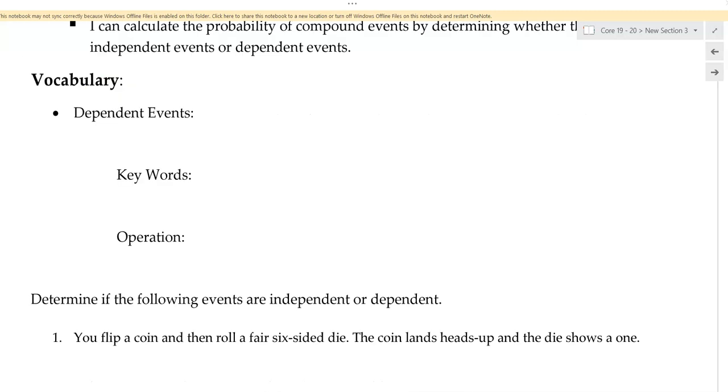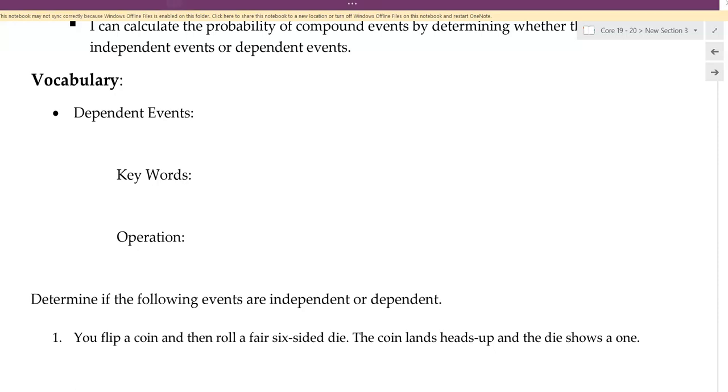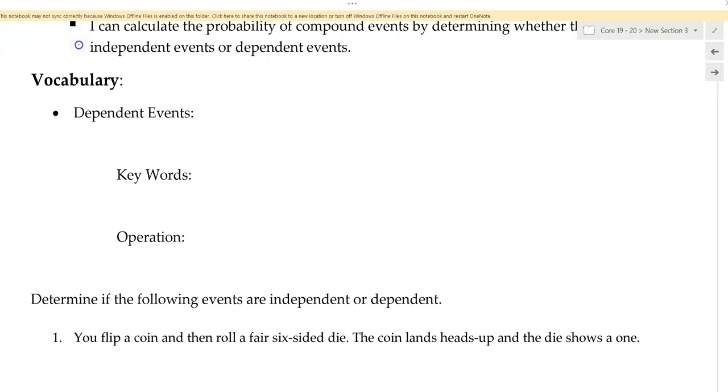So it is a dependent event. A dependent event affects the other event.